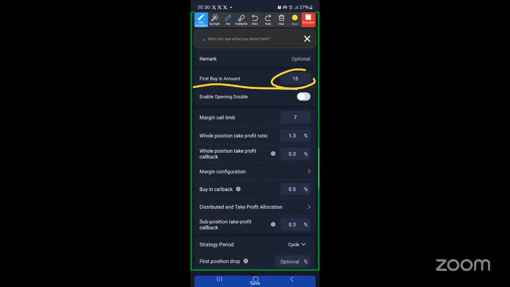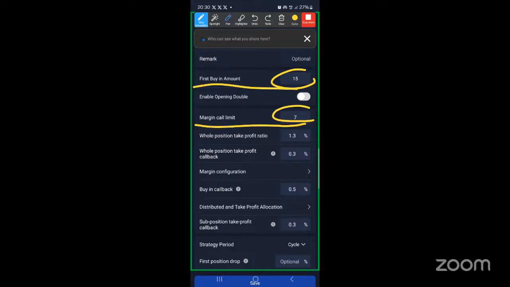This is the first instruction you should get good at giving your LoyalTube. Number 2, we are going to get the number of margin calls, depending on your capital and the strategy you want to use, how many margin calls are suitable for you.